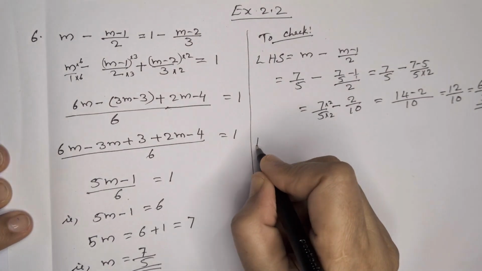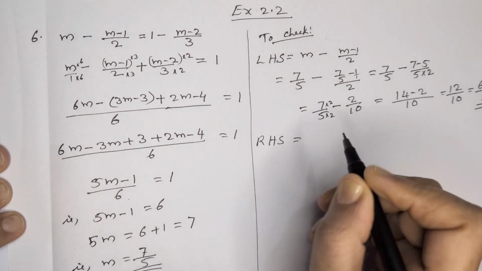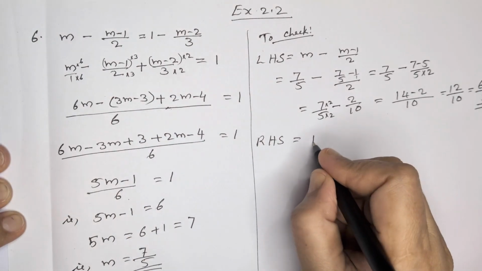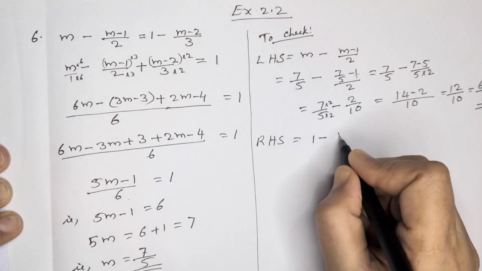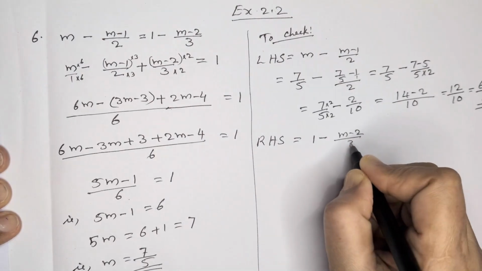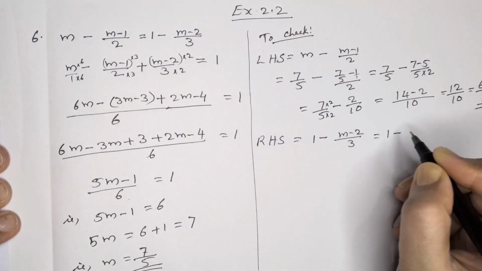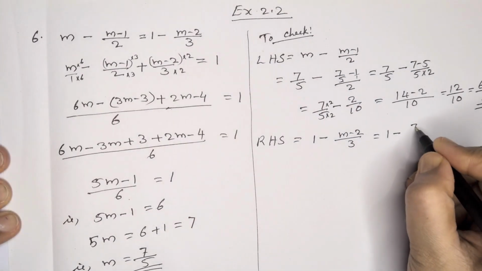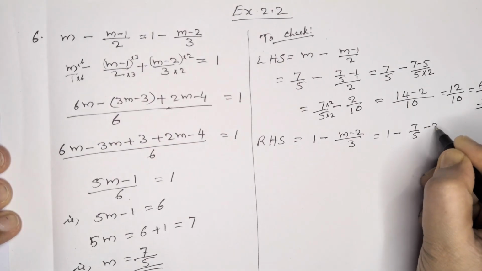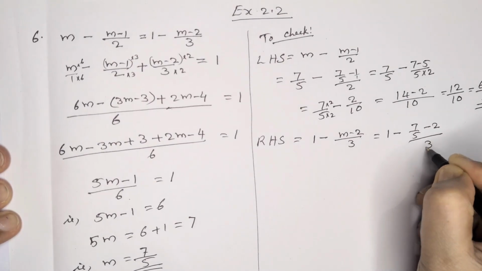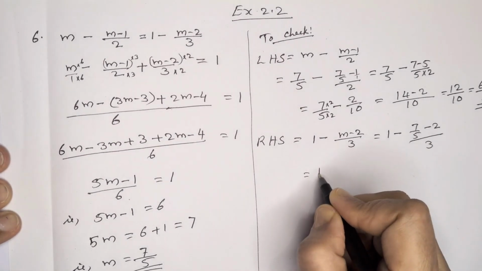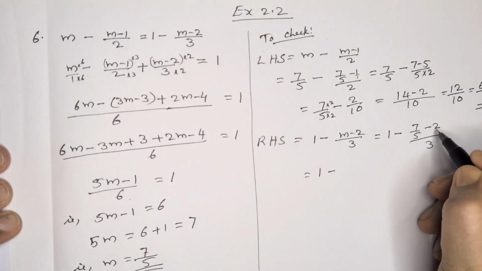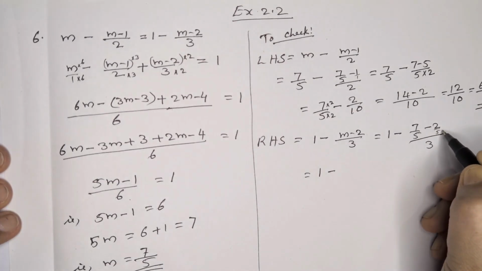Now RHS. RHS is equal to 1 minus (m minus 2)/3. Which is equal to 1 minus, m is 7 by 5, so (7 by 5 minus 2)/3, is equal to 1 minus, here we have to take 5 as the LCM.